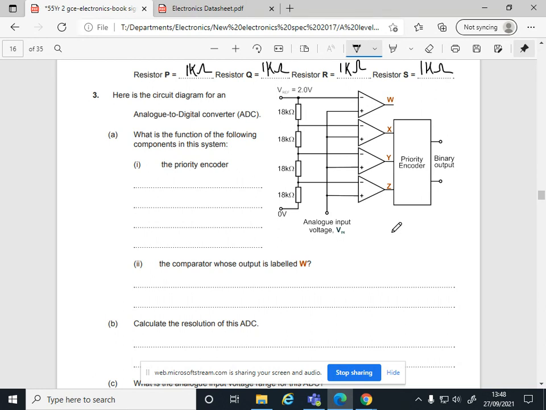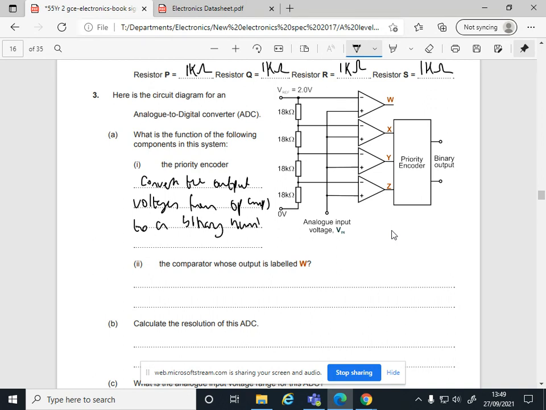So why do we need a priority encoder? A priority encoder converts the output voltages from the op amps to a binary number.